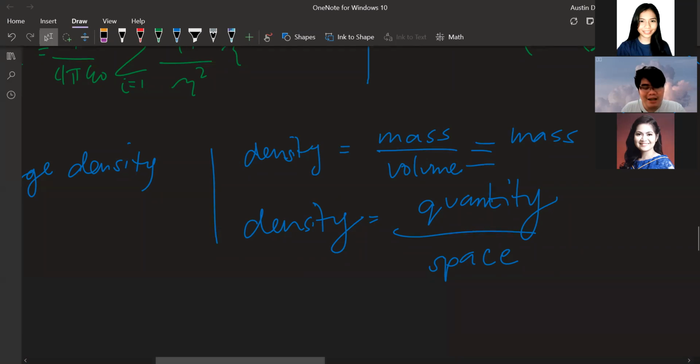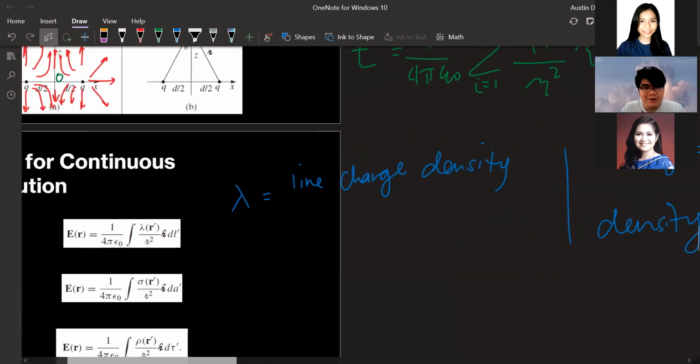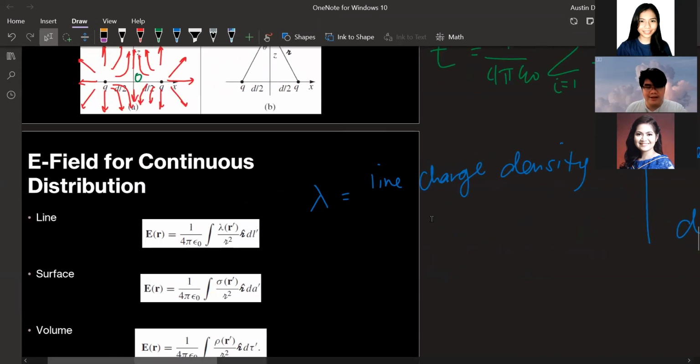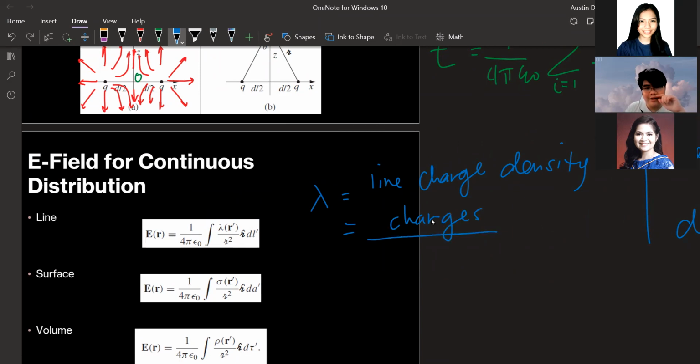Okay? So, tandaan nyo lagi yan, quantity over space. So, in our case, the line charge density, you can imagine this as charges per linear quantity, or that is charges per unit of line. Okay?